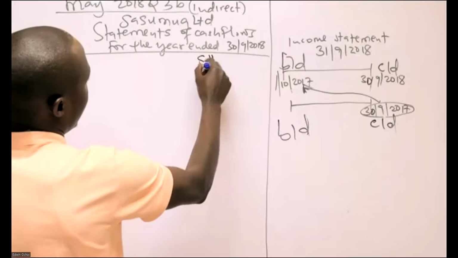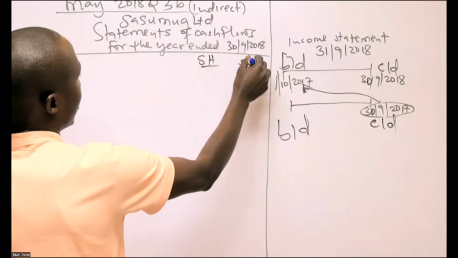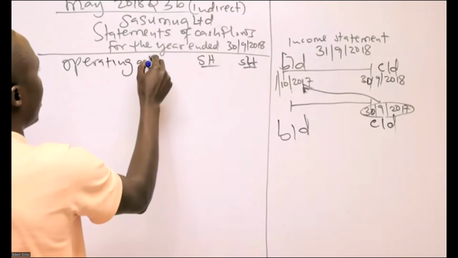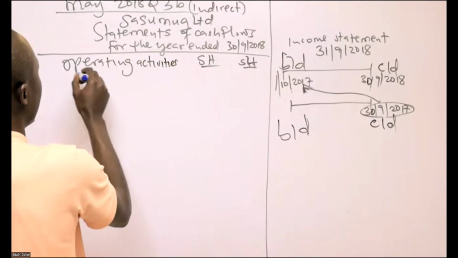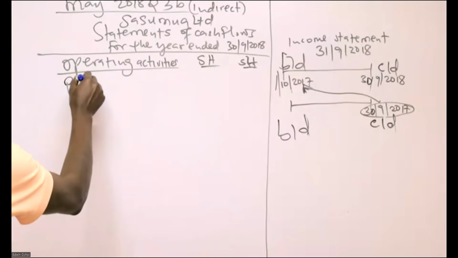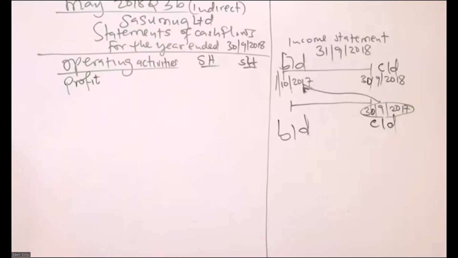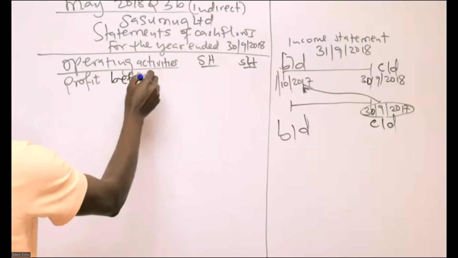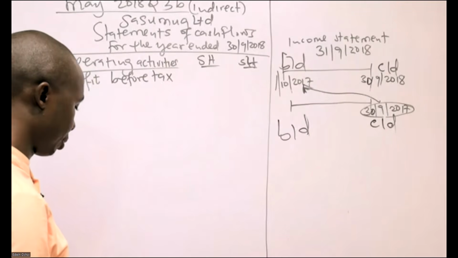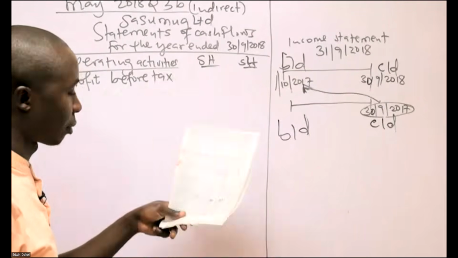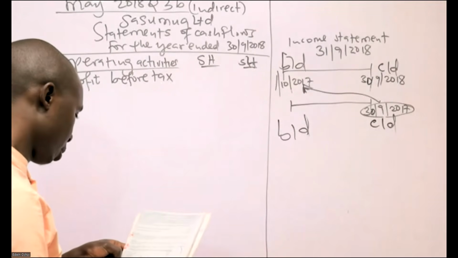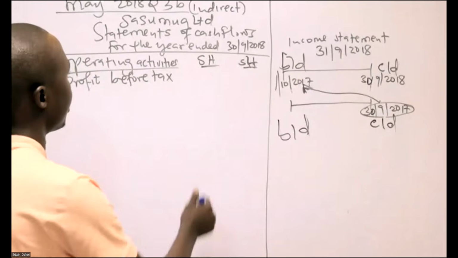So we start from operating activities. When we mention operating activities, we mention profit before what? Profit before tax. Checking in the question which I'm using, the profit before tax is which figure? 395.